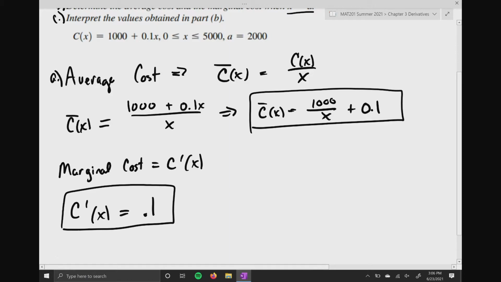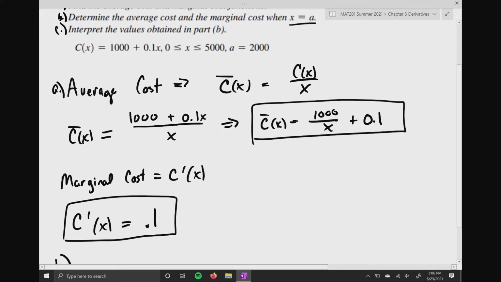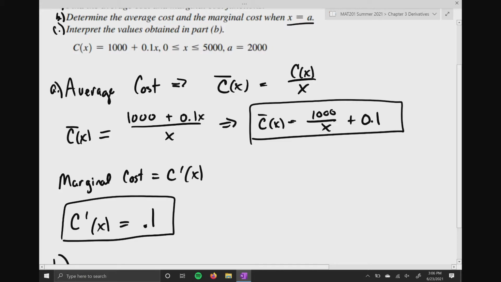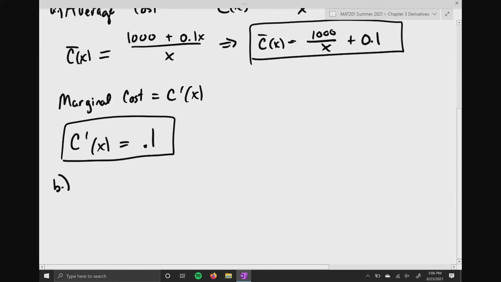Part B says, determine the average and marginal cost when x equals some value a. Well, in this case, our value of a is going to be 2,000. So at a equals 2,000, we have the following. Our average cost is going to be the average evaluated at 2,000.